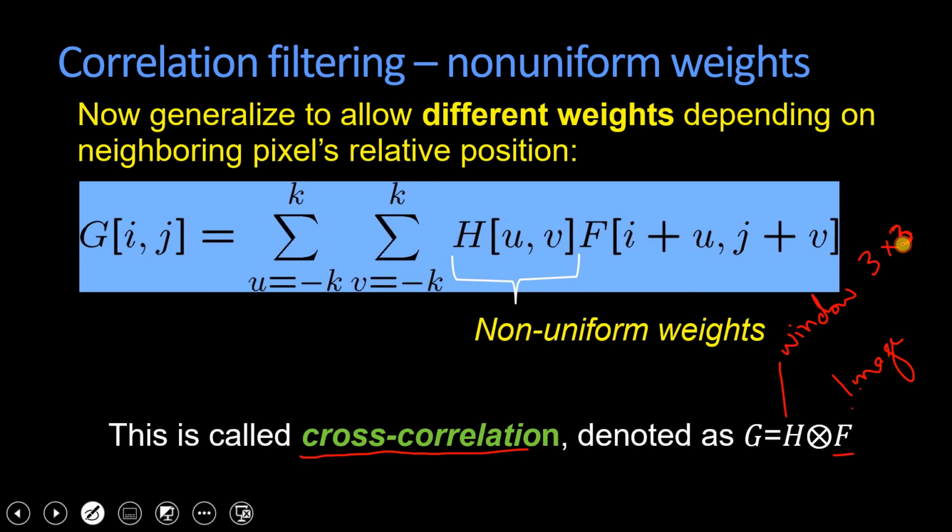Remember, the image will be very large. An image can be, for example, 1000 pixels multiplied by 800 pixels, just an example. Images can be large, they can be different, but a window will be the same, and normally it's very, very small. In our case, it was a 3x3 window.